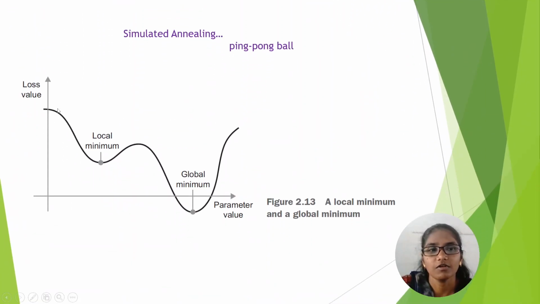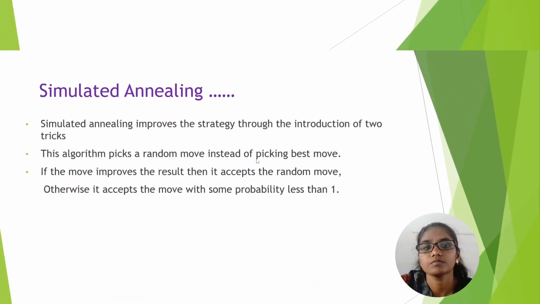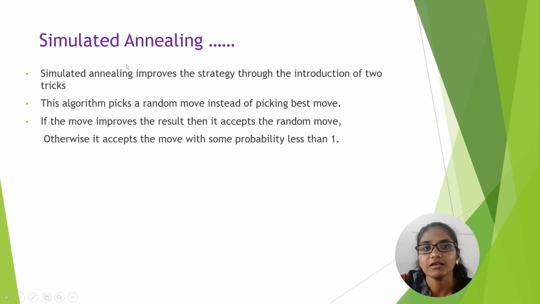So this is the graph. If we throw the ping pong ball into a local minimum, then when the ball is shaken, after a certain time it reaches its global minimum. Simulated annealing improves the strategy through the introduction of two tricks.